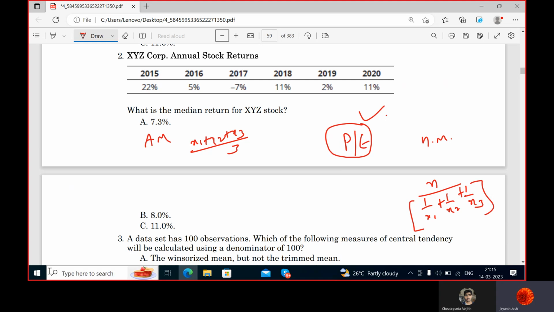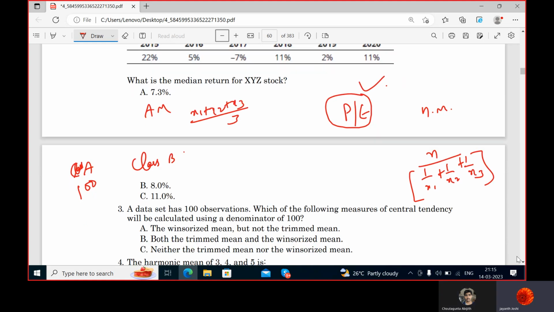But now why? I'll give you a practical example. Consider a class A of students and a class B of students. You want to find out the average score of students. The problem is that in class A there is one student who got 100, while others are getting 5, 6, 8.